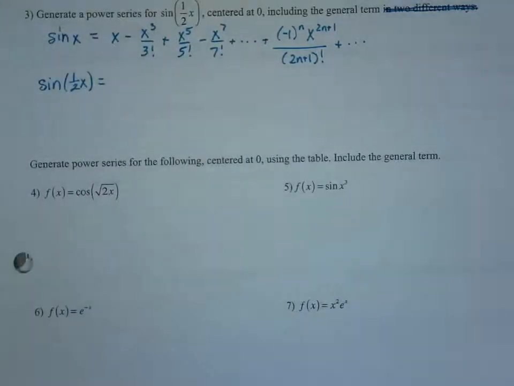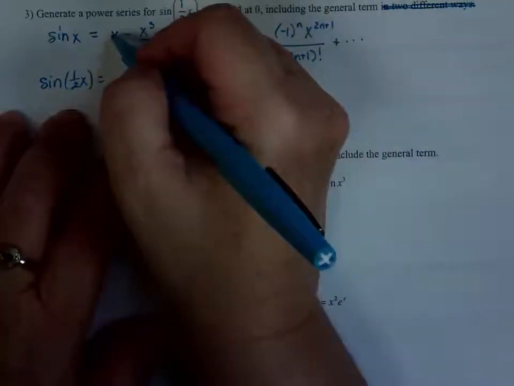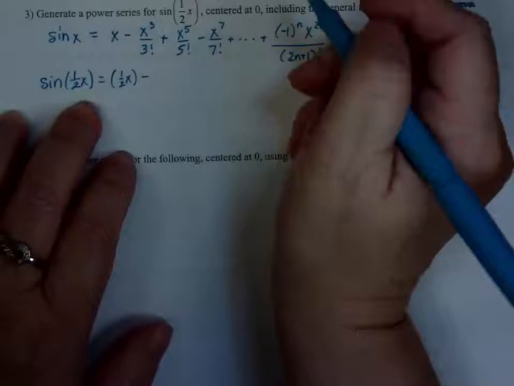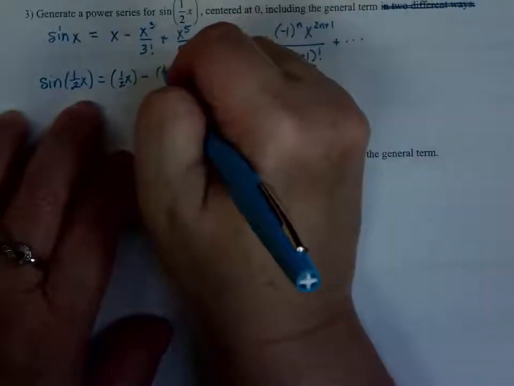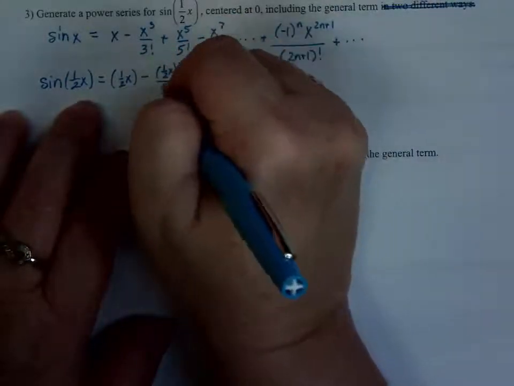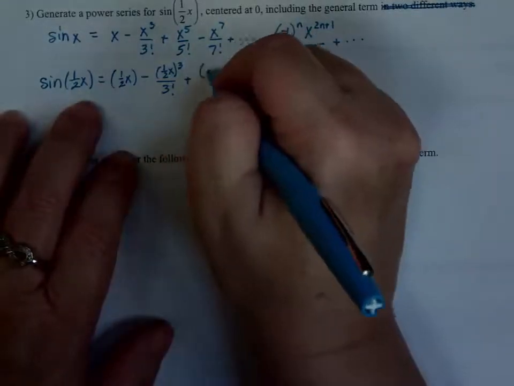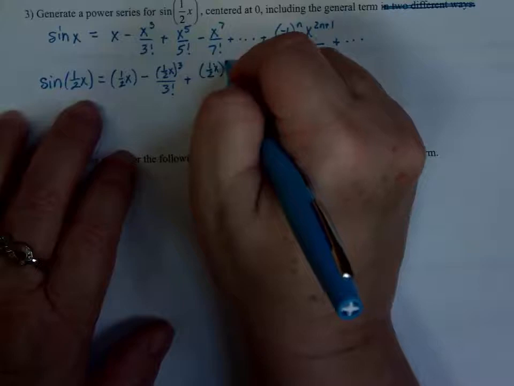What I want you to do is on the terms that we wrote out, change every x to 1/2 x. So this x becomes 1/2 x minus, now we have 1/2 x to the 3rd over 3 factorial plus 1/2 x in parentheses to the 5th over 5 factorial.